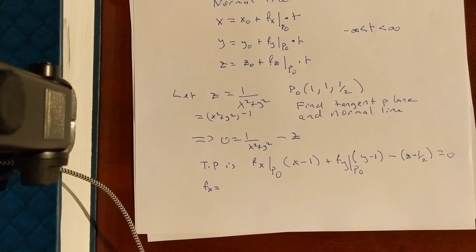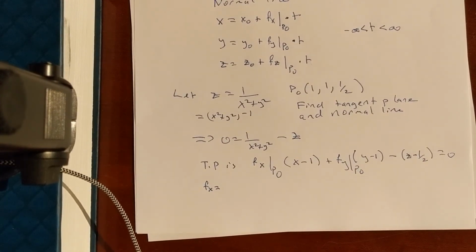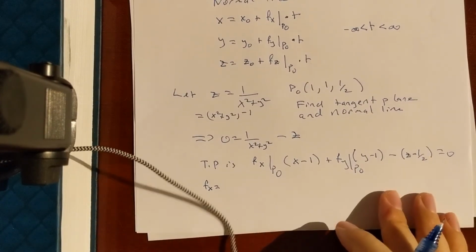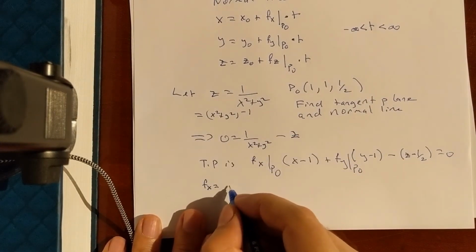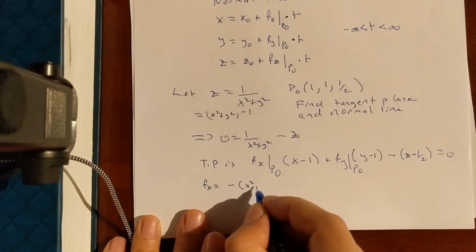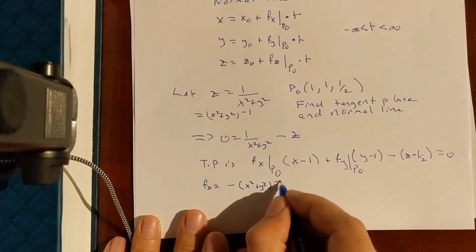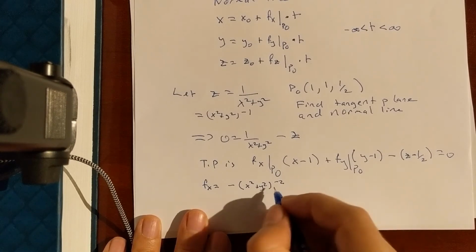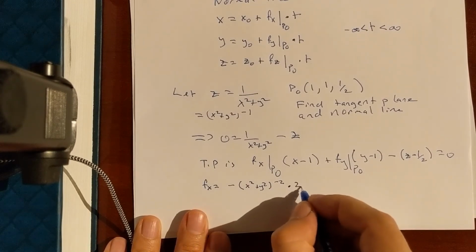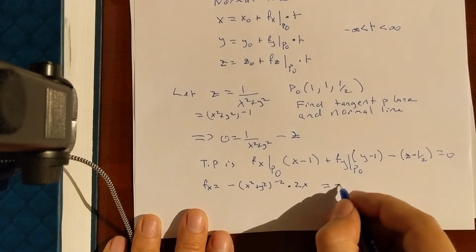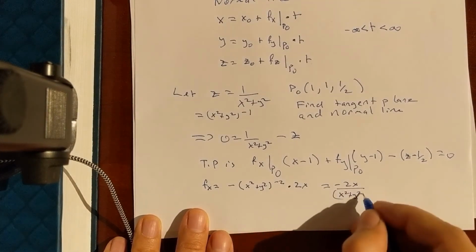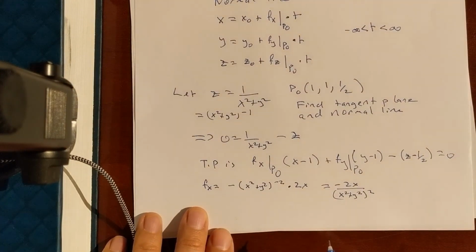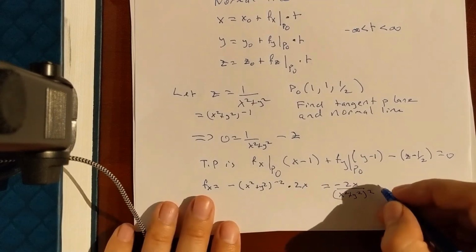So it's to the minus 1. What are we going to get? We get minus 1 times x squared plus y squared to the minus 2, times the derivative of the inside by the chain rule, which is 2x. So we get minus 2x over x squared plus y squared, the whole thing squared. We evaluate this at the point (1, 1, 1/2).